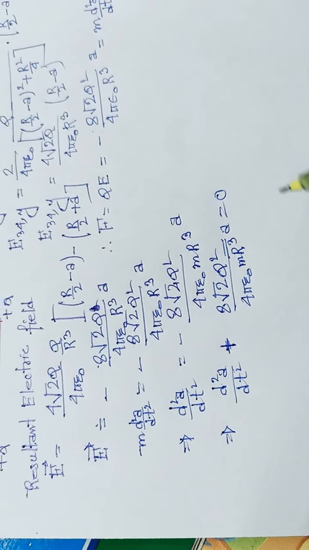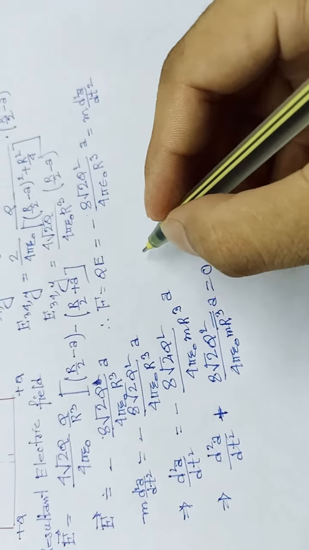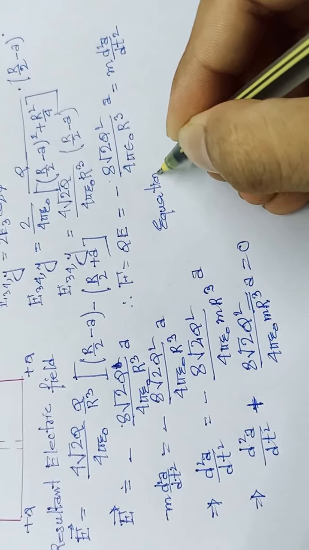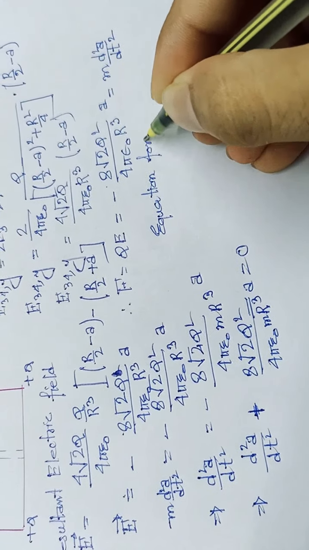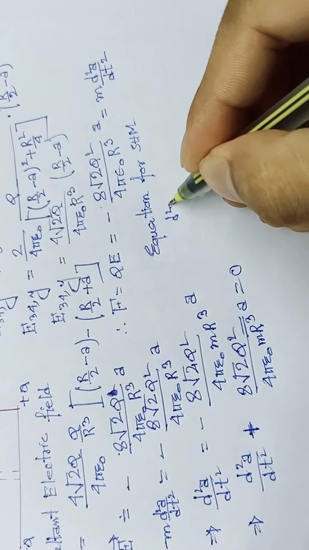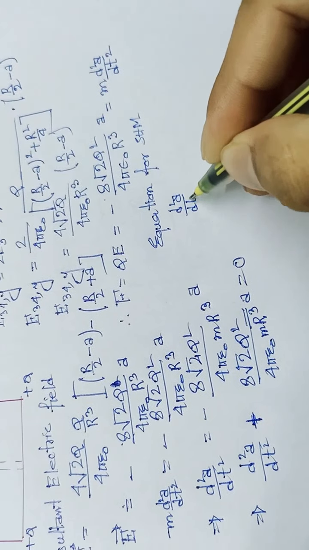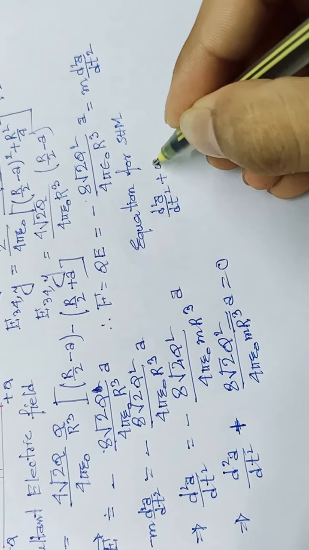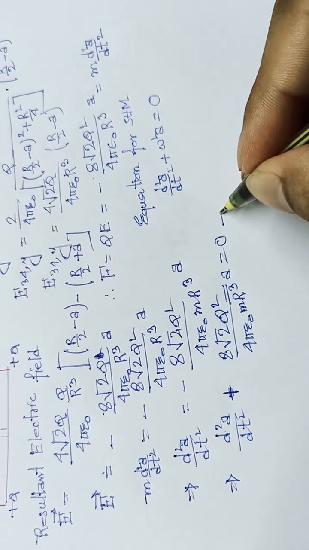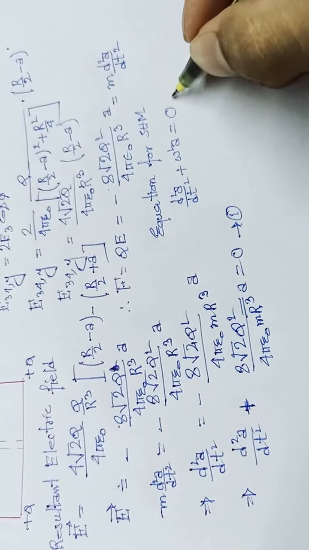Now we will compare, as we know, the well known equation for SHM. SHM is d2A with respect to dt square plus omega square A is equal to 0. This is our equation number 1 and this is our equation number 2.